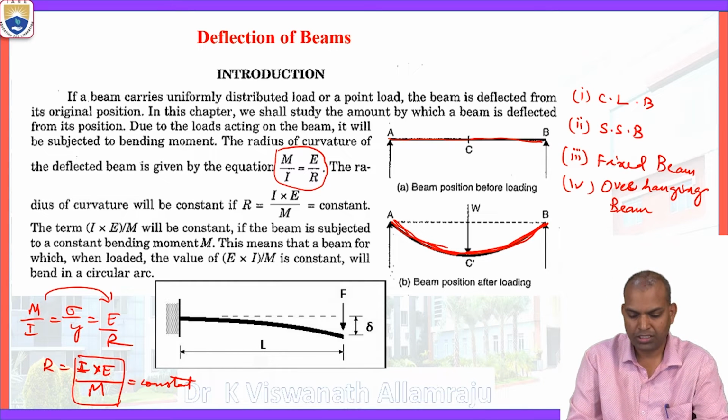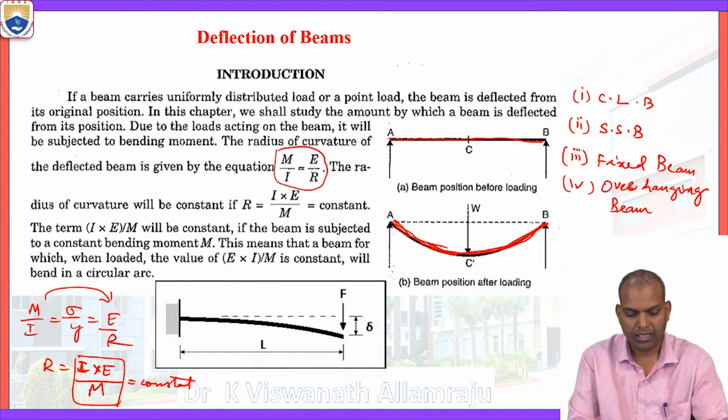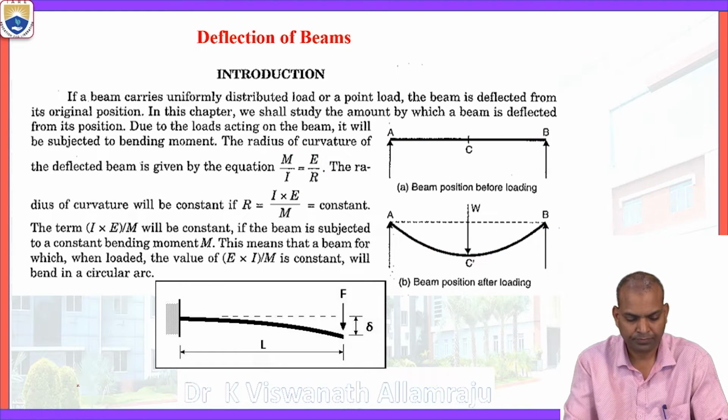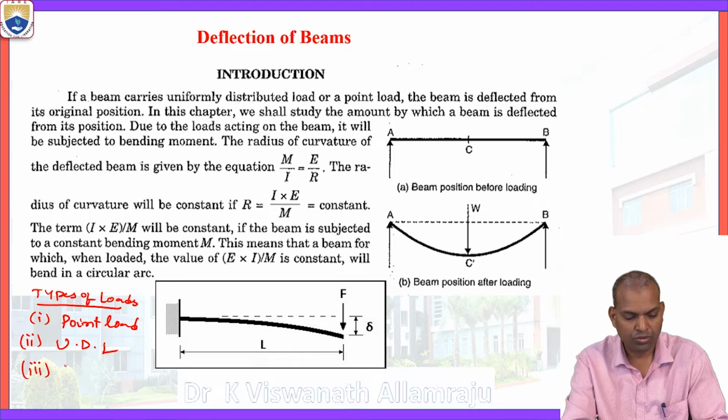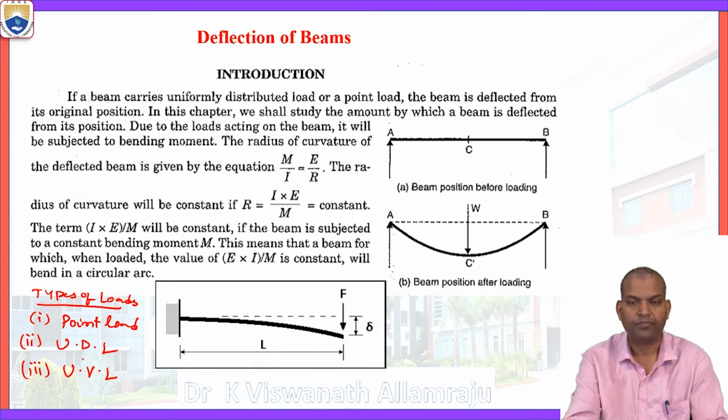So these are the various types of beams. And if you discuss the types of loads, first is point load, second is uniformly distributed load, and the third is uniformly varying load. These are the types of loads.